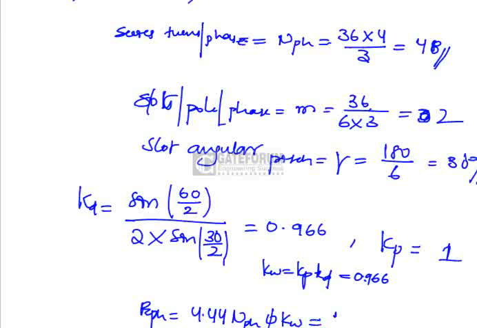Now the EMF induced per phase in this cylindrical rotor alternator is 4.44 N phase phi f Kw. From this we can find the flux phi. He has given the open circuit EMF as 415 volts.